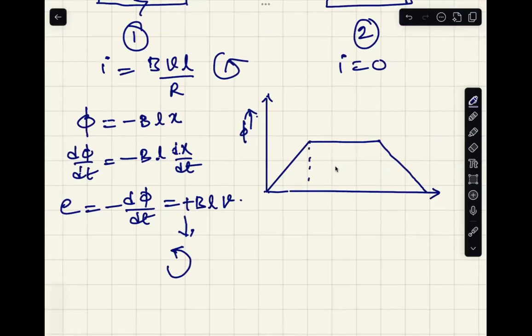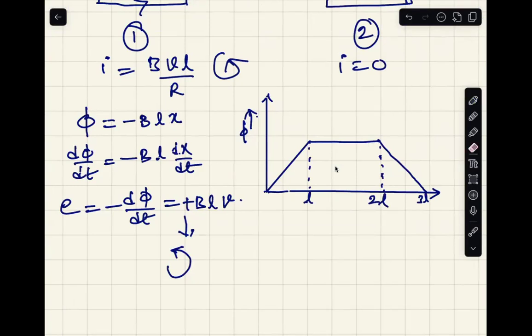When x reaches L, flux reaches maximum. Till 2L, there is no change of flux. It is a constant flux. From 2L to 3L, flux decreases. Right?